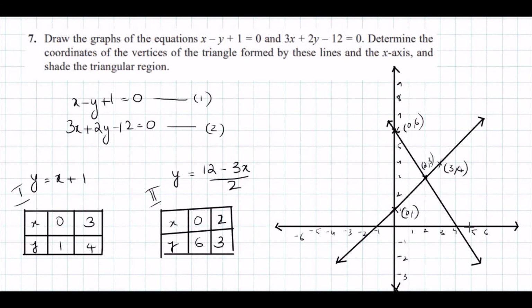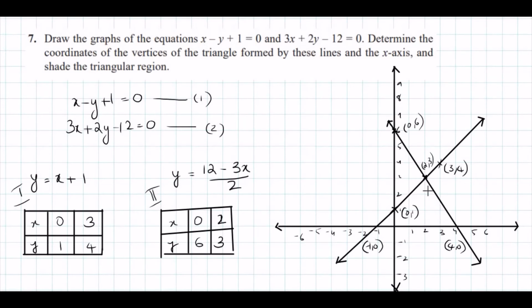So here in the figure you can see you got intersecting lines. So 2, 3 is the point at which the two lines intersect. So this is the solution for this pair of linear equations. And we are asked to determine the coordinates of the vertices of the triangle formed by these lines and the x-axis. So this is the point of intersection of the two lines, and on the x-axis you have the points -1, 0 and 4, 0.